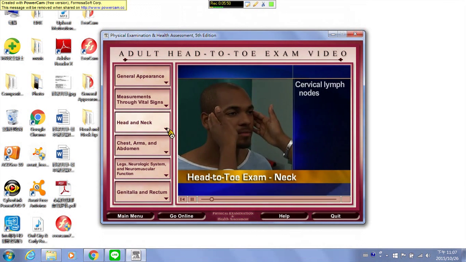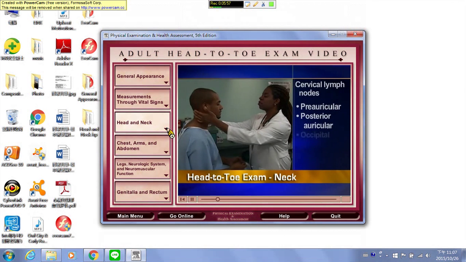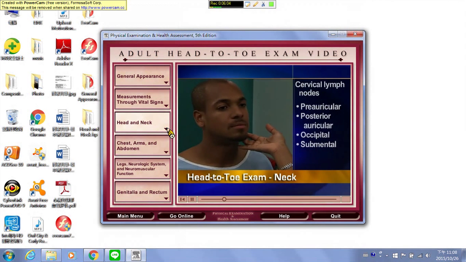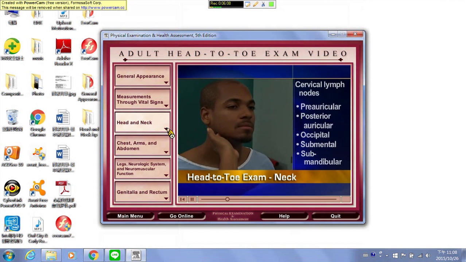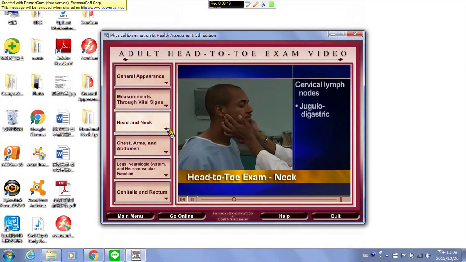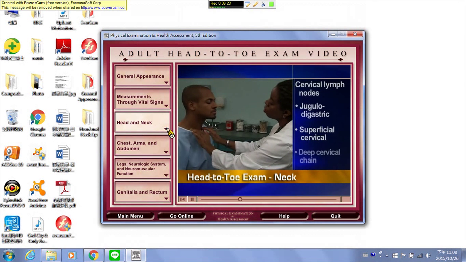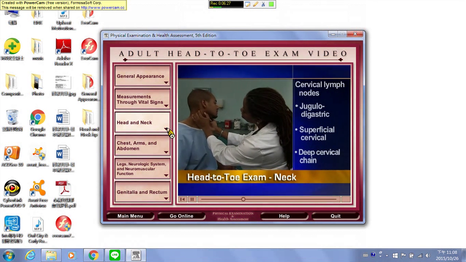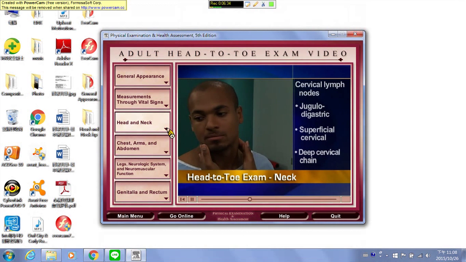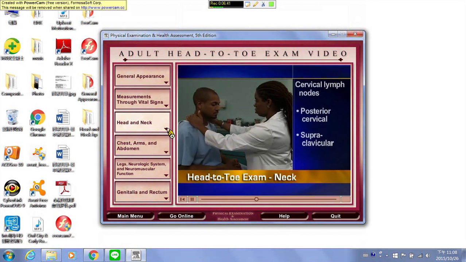Next, palpate the cervical lymph nodes, including the preauricular, posterior auricular, occipital, submental, submandibular, jugulodigastric, and superficial cervical nodes, deep cervical chain, and posterior cervical and supraclavicular nodes.